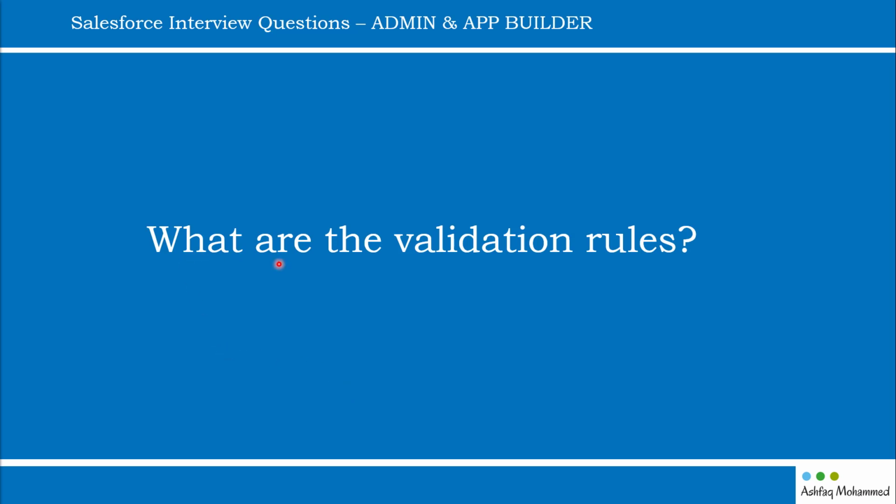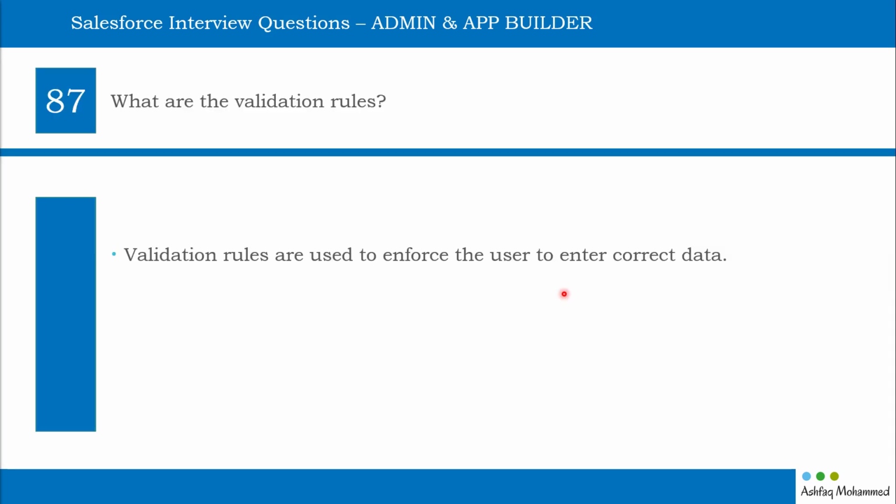Next question is, what are the validation rules? Okay, we have learned everything about formula fields. Now let's go and see what are validation rules. Validation rules are used to enforce the user to enter the correct data. Okay. Let's say, for example, I was asked to enter an email address, and I'm just writing 12345 in the email address. So we should stop the user from doing that.